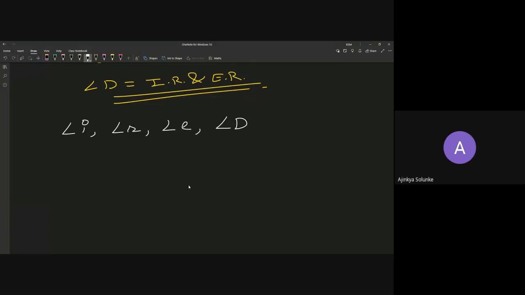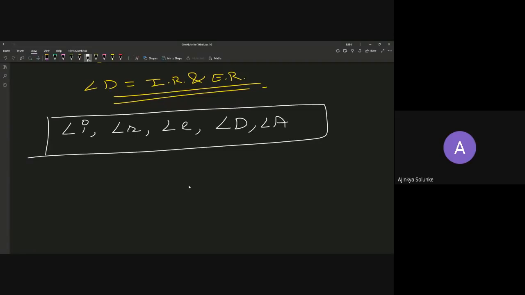One angle which we missed. Remember the angle A, angle of prism. Most important. So these are 5 angles which should be remembered by you.